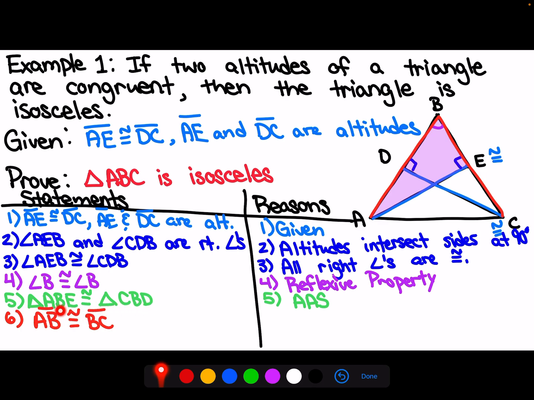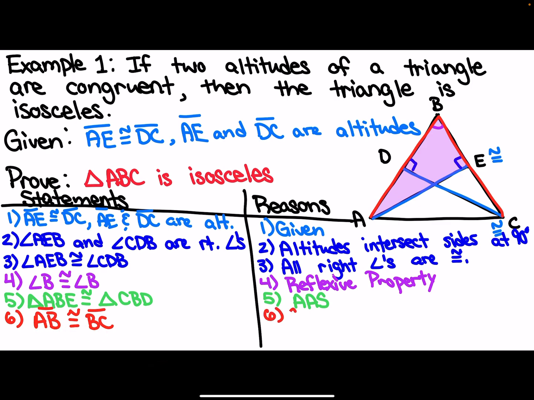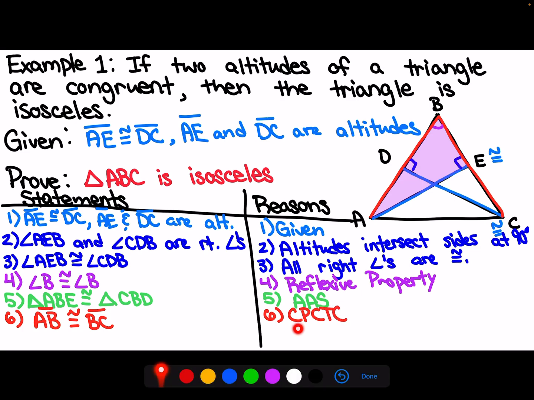If I see that two triangles are congruent, that means that all the corresponding parts are. So I see that AB is written first, CB is written first, so those are corresponding parts. So therefore, those corresponding parts are congruent, because if triangles are congruent, then corresponding parts of congruent triangles are congruent.